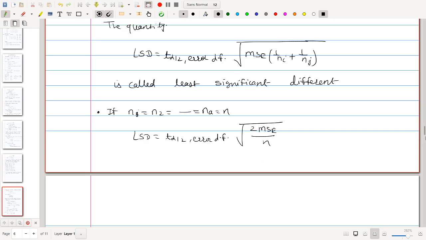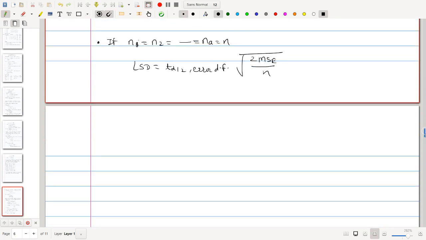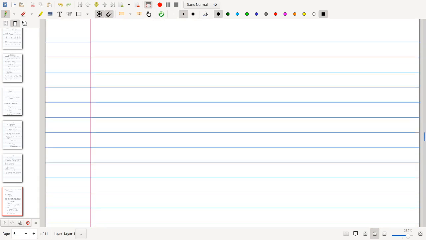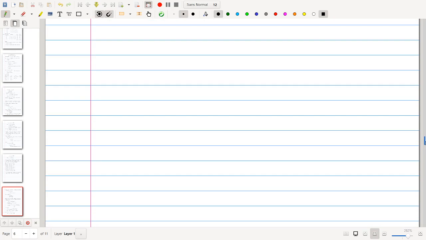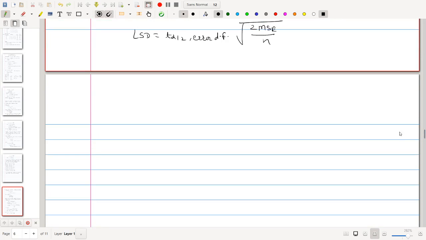To use Fisher's LSD test, simply compare the absolute difference between each pair of averages to the corresponding LSD.